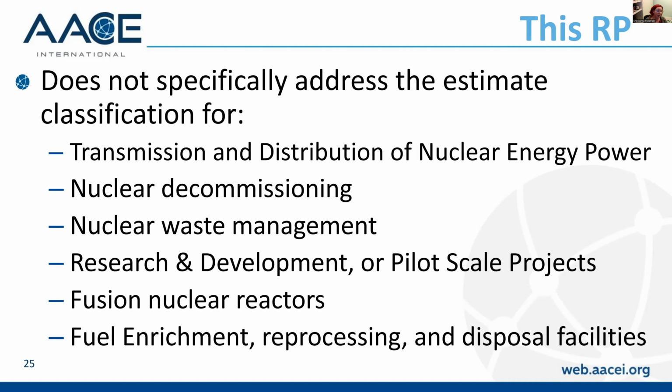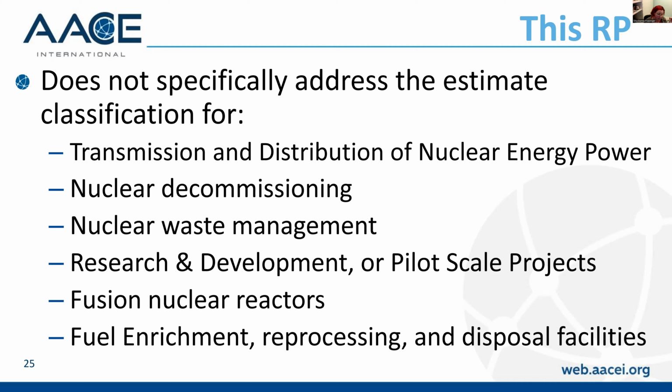R&D is also outside of this RP, mostly because these are almost what they call class 10 type estimates, where there is no real basis, but there is now a defined approach, and that's discussed in a separate RP. Nuclear fusion reactors are also not covered, although I understand they are in the news this week, which is excellent. And fuel enrichment, reprocessing, or disposal are not included in this RP.